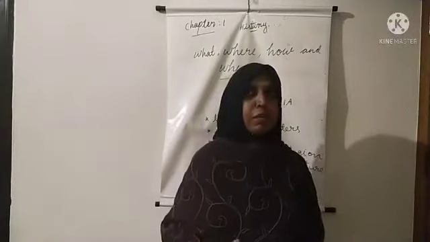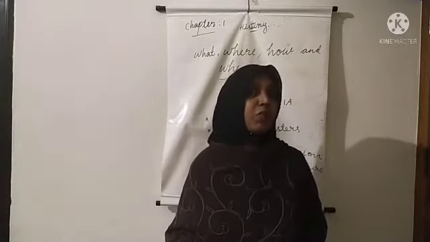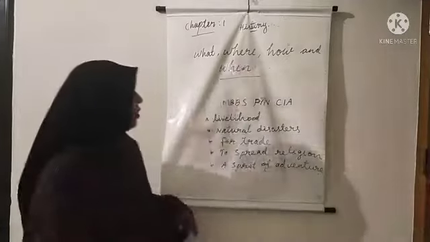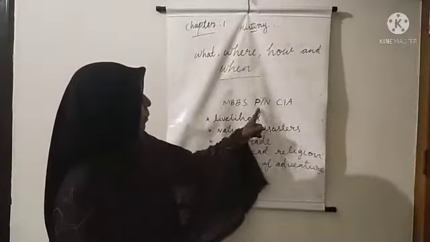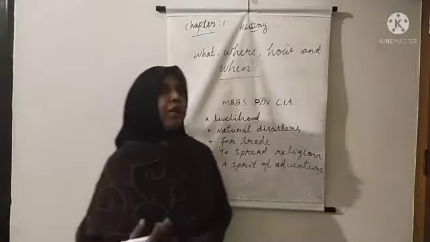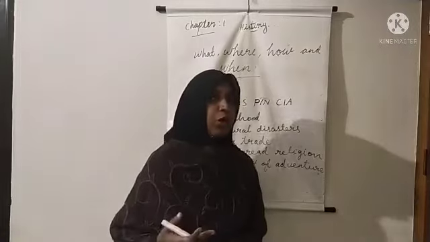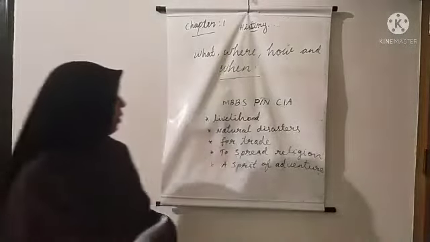Children, do you feel difficulty? So we have a trick to memorize the names of these countries. See, the code word is MBBS PIN CIA. Now we can expand this code.